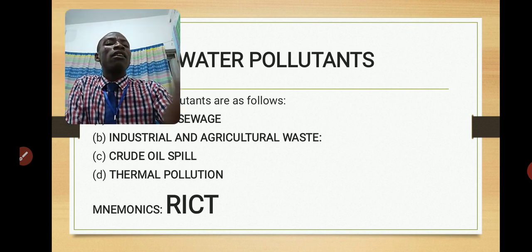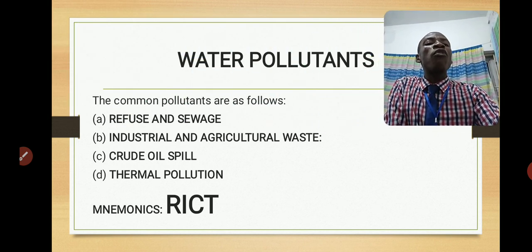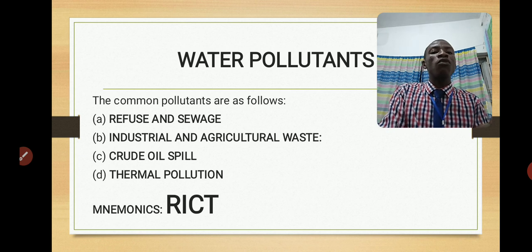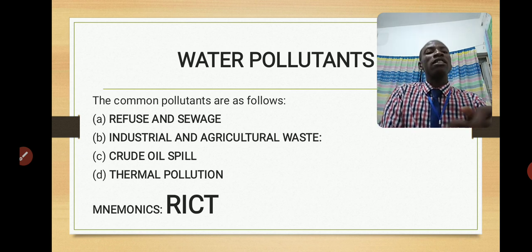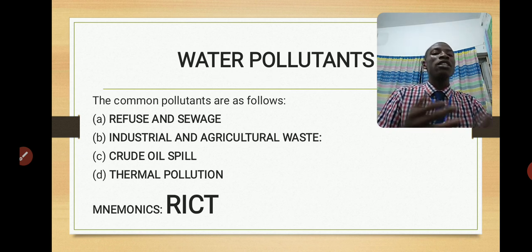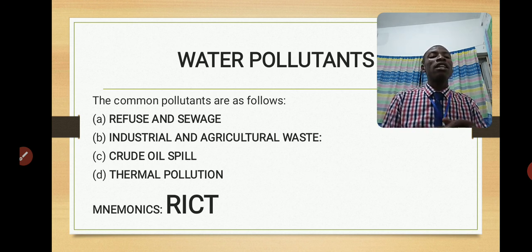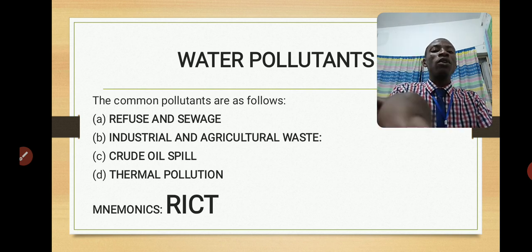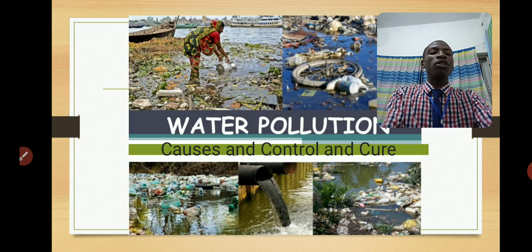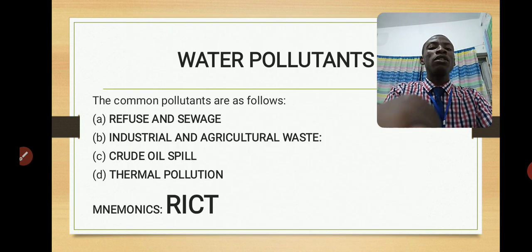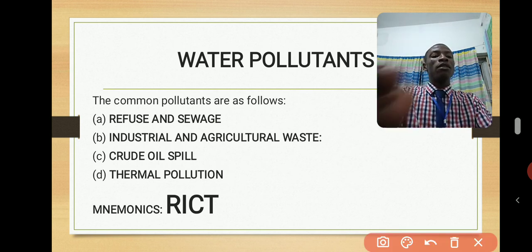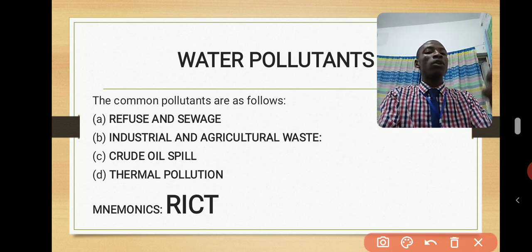And there are about 4 major pollutants of water. We call them water pollutants. The first one is refuse and sewage. Second one is industrial and agricultural waste. Third one is crude oil spill. The fourth one is thermal pollution. Thermal pollution, that is heat polluting water.